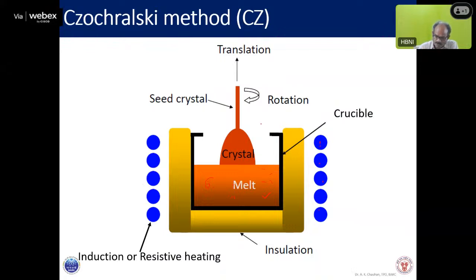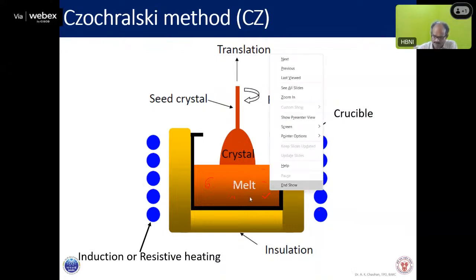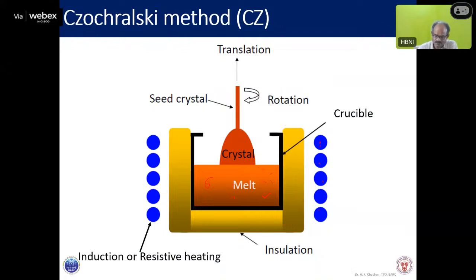Now you need to bring a seed of the same material for which this melt is there, and you want to grow the crystal of that. You bring this slowly and make it contact this melt, and then start pulling it while rotating. So the seed is rotating, and then it is moving up.